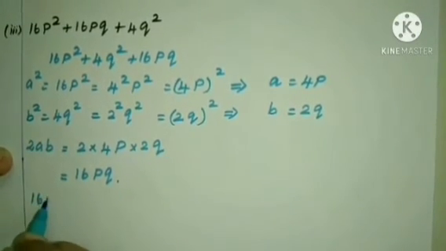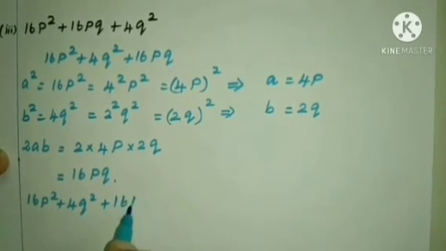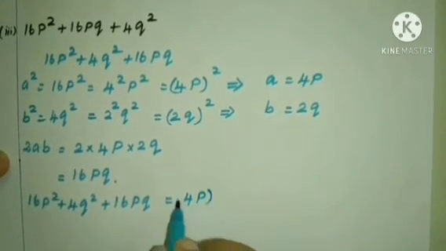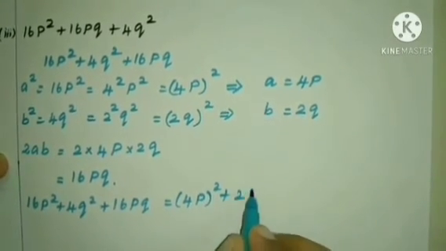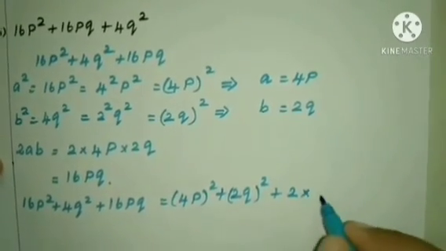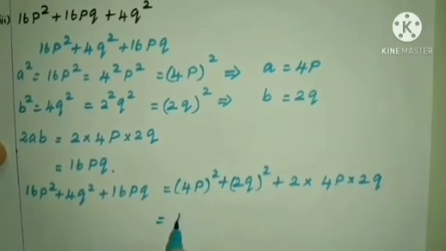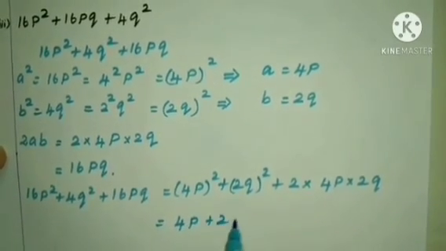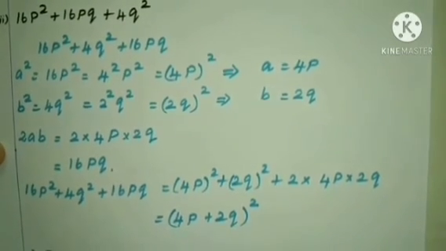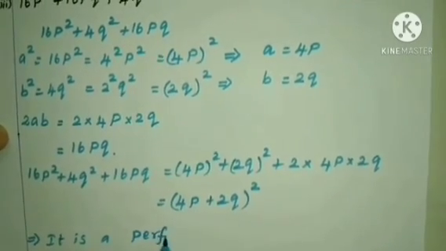So 16p square plus 4q square plus 16pq is equal to (4p) the whole square plus (2q) the whole square plus 2 into 4p into 2q. That is (4p + 2q) the whole square, which implies it is a perfect square trinomial.